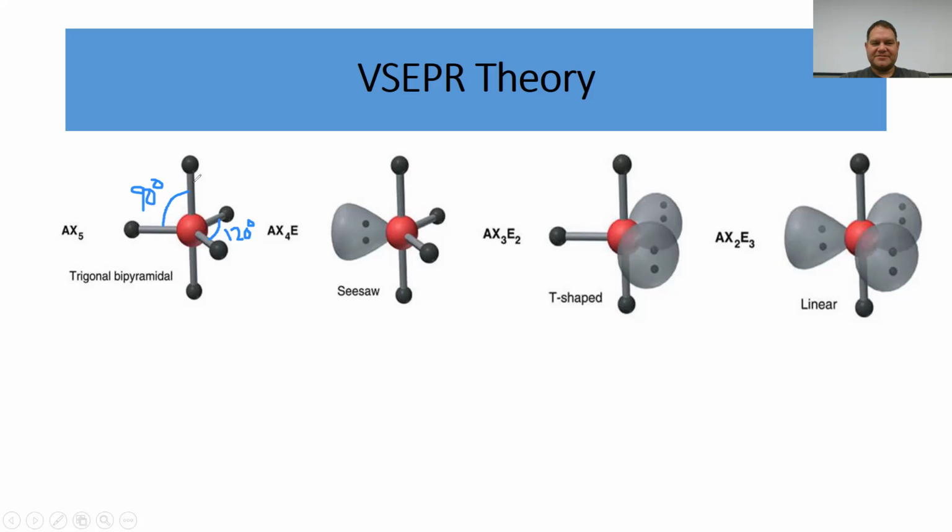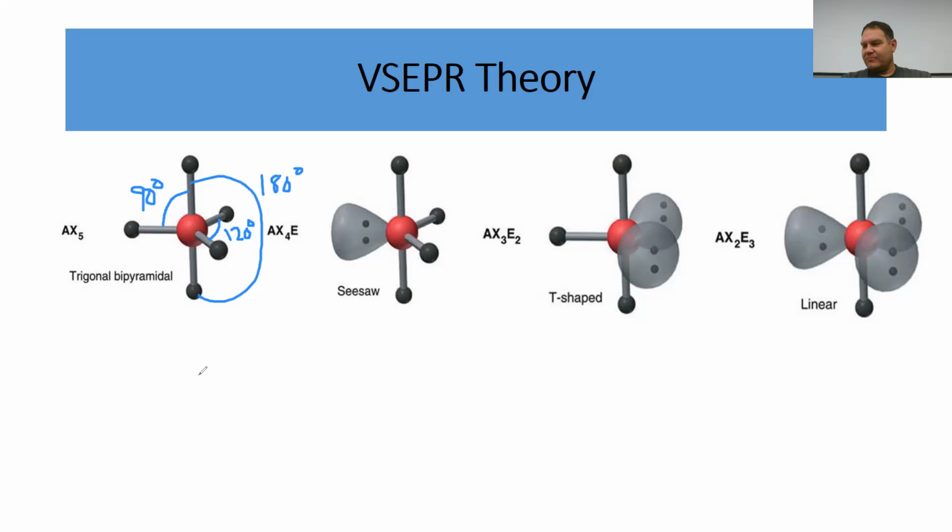In fact, it has one more angle because from this bonding domain to the one on the bottom is also going to have an angle of 180 degrees. Okay, so this is a tough one. This trigonal bipyramidal, not only does it have an extended octet, violating the octet rule, but it also has 3 angles that you're going to have to worry about.